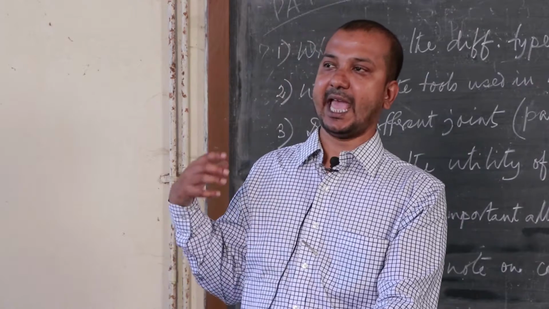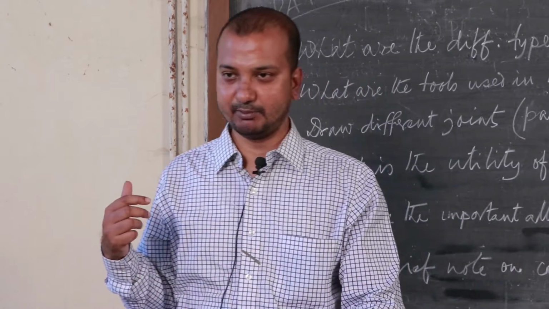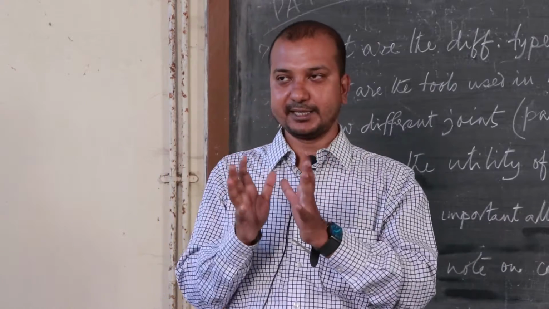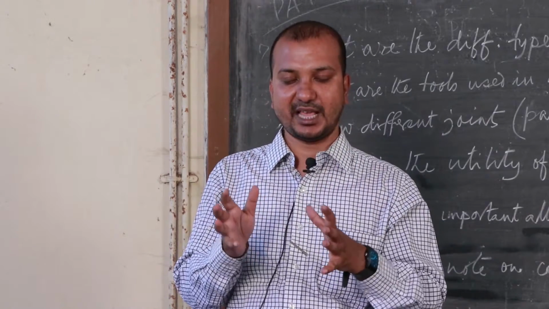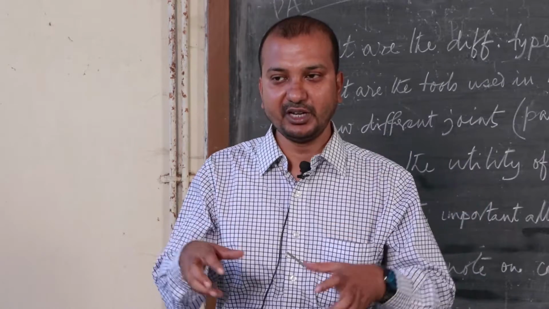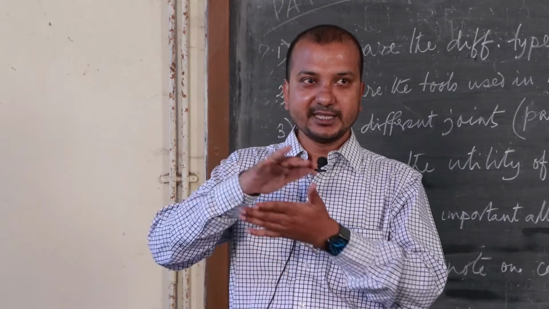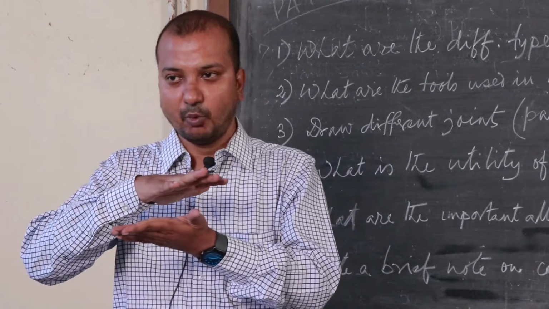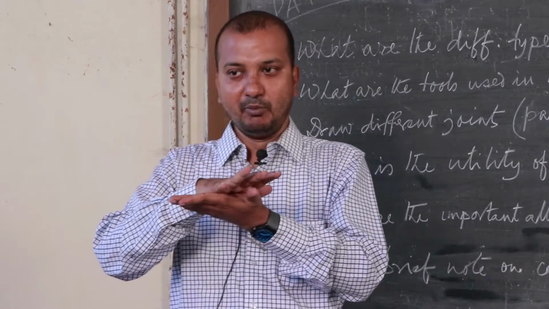Then there is the machining allowance, because once the product is manufactured in the casting process and the molten metal is poured in the mold cavity, there is contact between the molding sand and the metal.